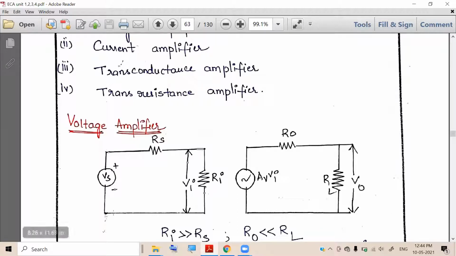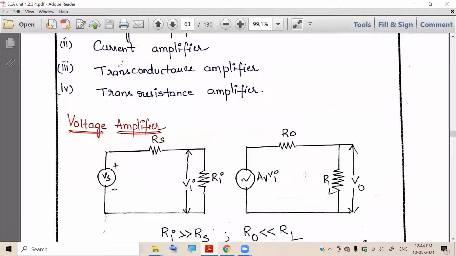Here additionally to the amplifier, we are considering the amplifier is only these three components: RI, ABBA, R0. To this amplifier, additionally we are connecting a voltage source with internal resistance RS, then load.